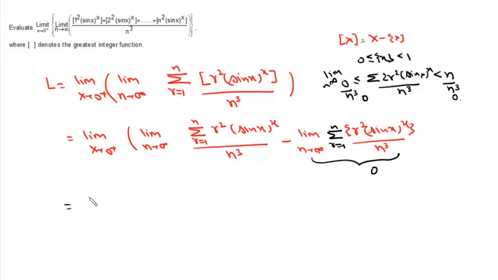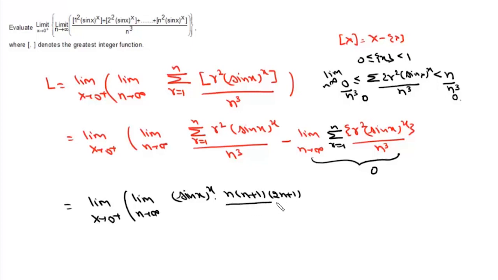So in that case, this limit will be limit x tends to 0 positive, limit n tends to infinity, and this is sin x to the power x, and then summation r square, and summation r square is n into n plus 1 into 2n plus 1 divided by 6. Now this is an infinite limit.